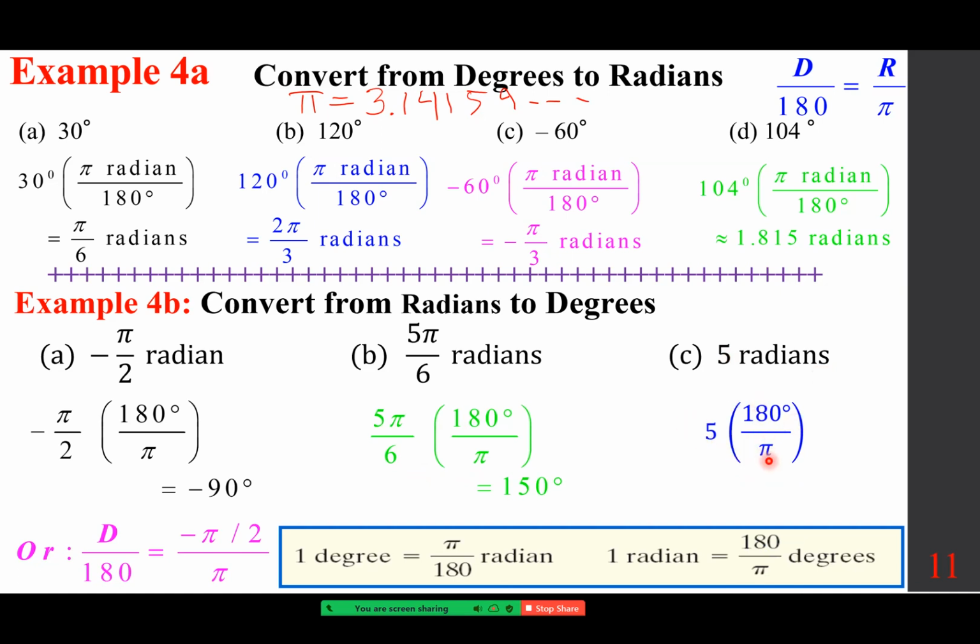So 5 times 180 divided by pi, and remember pi is this, and you use a bunch of decimals, however many that they ask you. So 5 radians corresponds to 286.48 degrees. By the way, remember pi is about 3.14, so 2 pi is roughly 6.28 radians, which corresponds to 360 degrees. And again, that's rough.